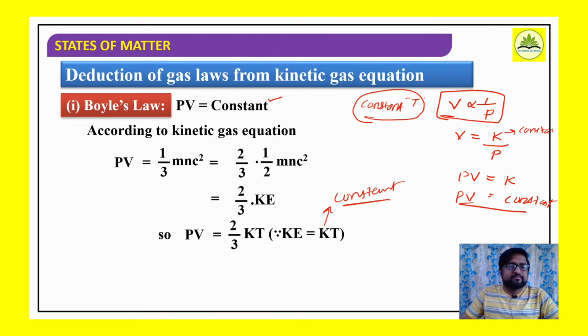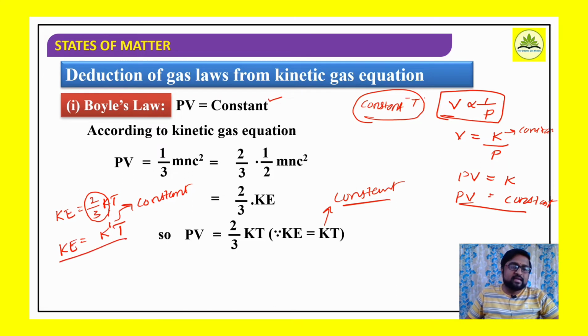According to the kinetic gas expression, KE is equal to 3 by 2 kT, where k is the Boltzmann constant. The whole term is taken as K prime, so K prime into T, and K prime also indicates some constant. Therefore we say KE can be taken as K prime T.